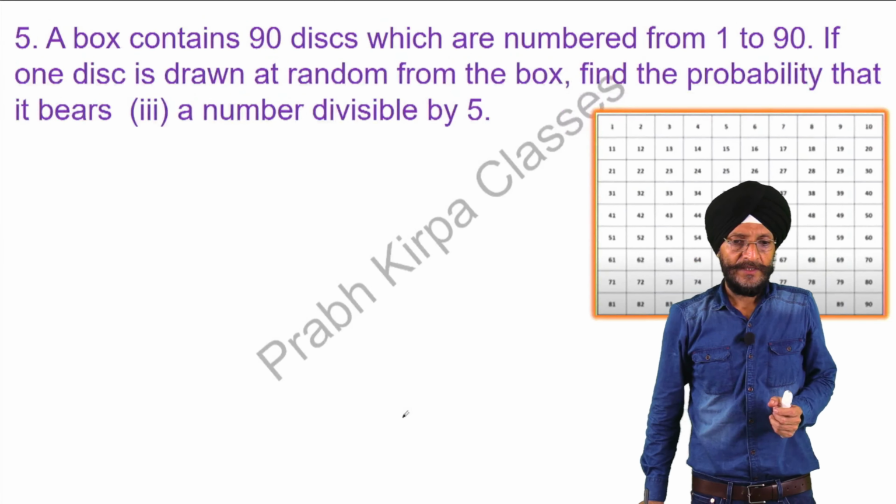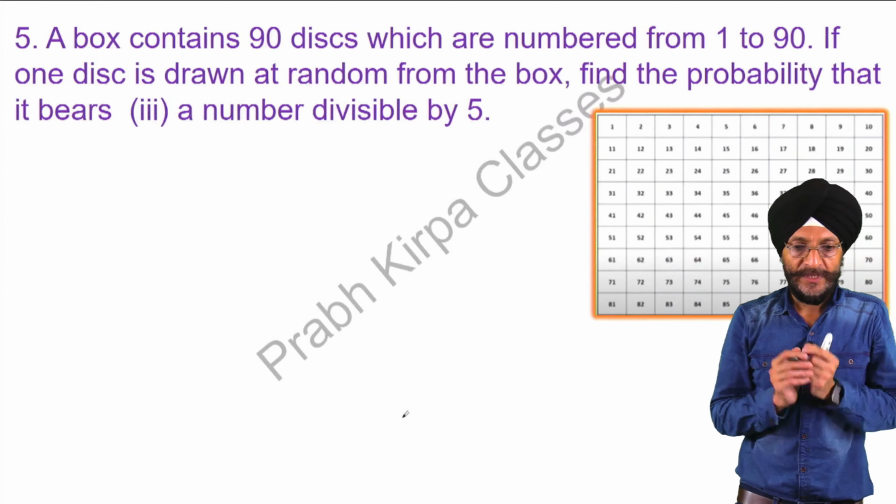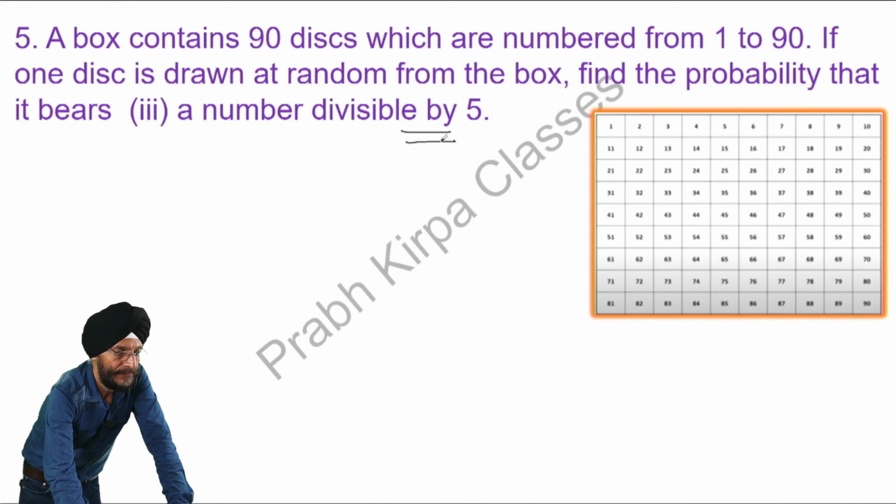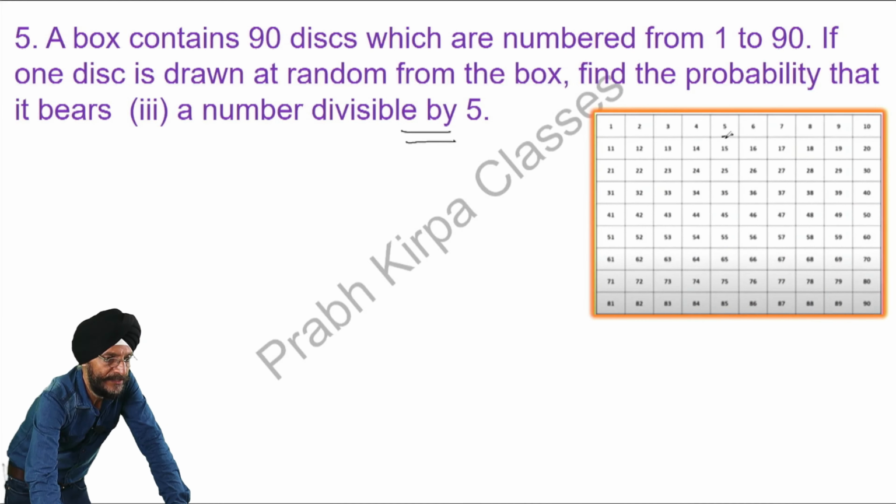Now next, what is the probability that the disc bears a number divisible by 5? Here the numbers divisible by 5 are 5, 10, 15, 20, 25, 30, 35, 40, 45, 50, and so on.